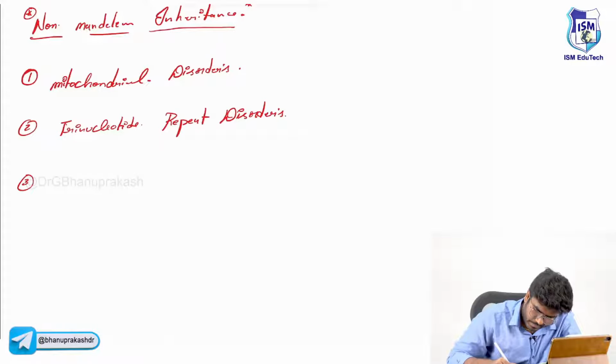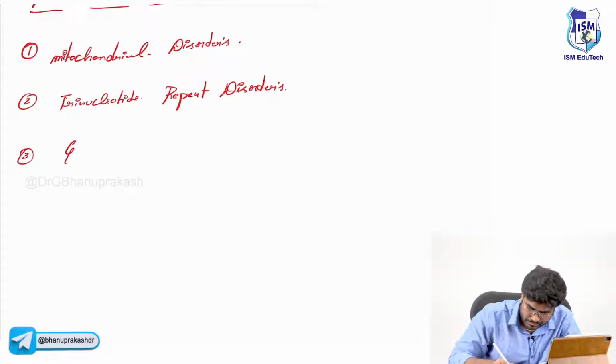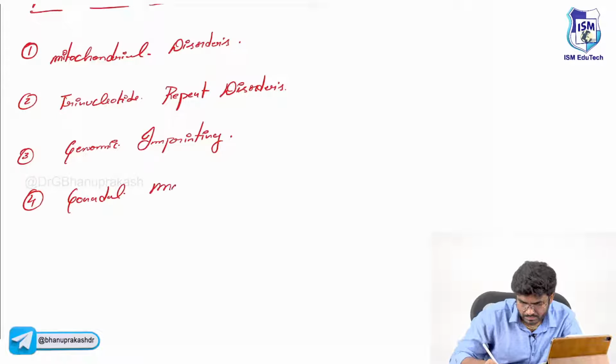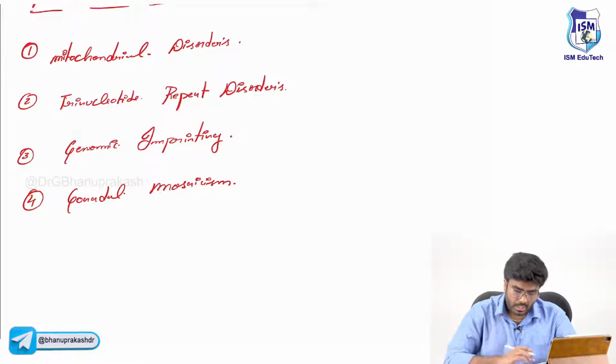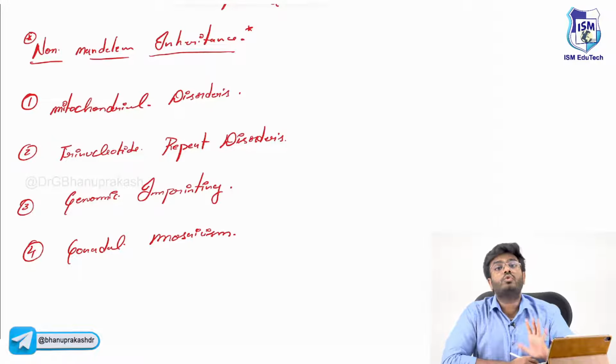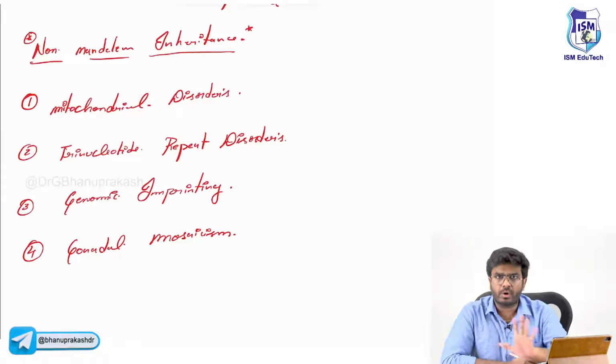Next, the concept of those disorders where genomic imprinting is involved, and gonadal mosaicism. So these are the 4 disorders which do not obey Mendel's laws of inheritance. We'll discuss them one by one. These are the most important things we will discuss.